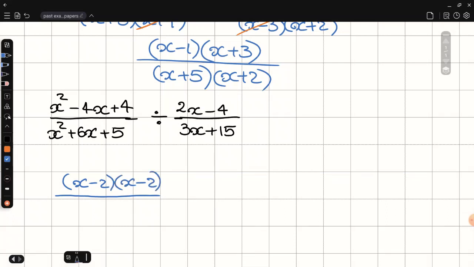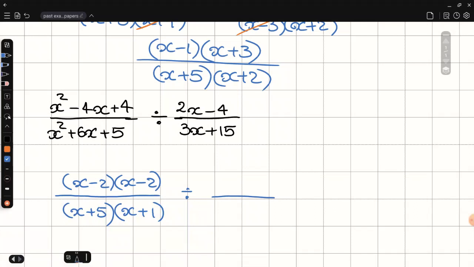Then if we factorize the denominator, we're looking for the factors of 5. If we multiply, we should get positive 5, and if I add these two factors, we should have positive 6. Then we're dividing by the second fraction, so let's factorize its numerator.